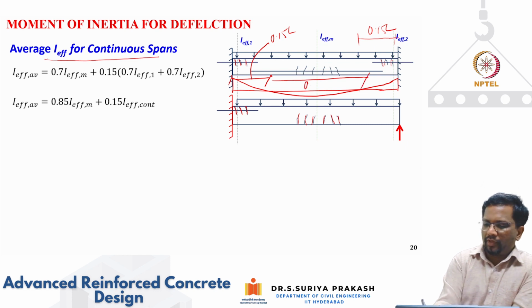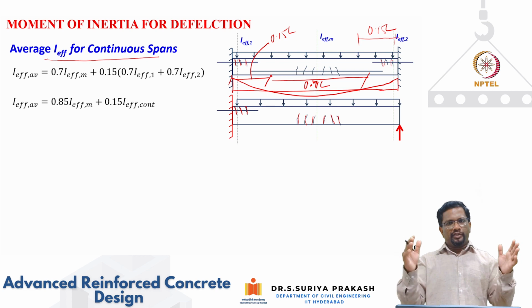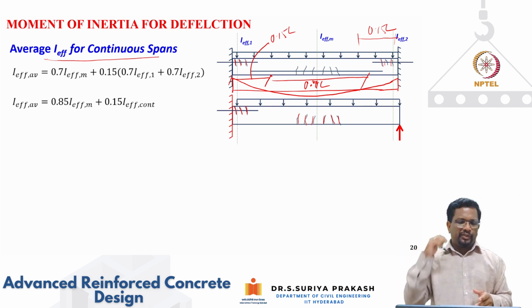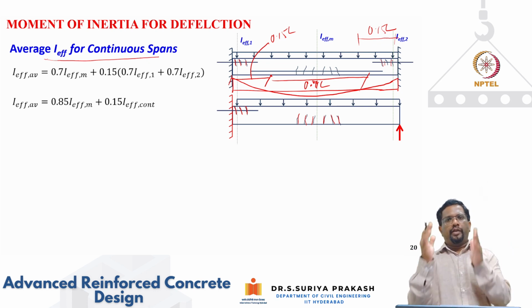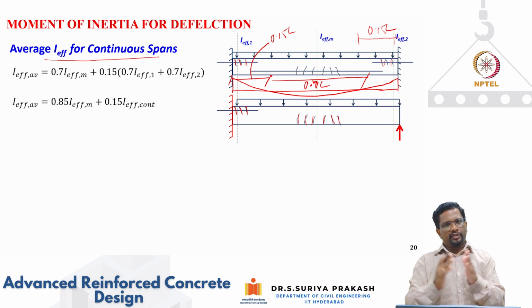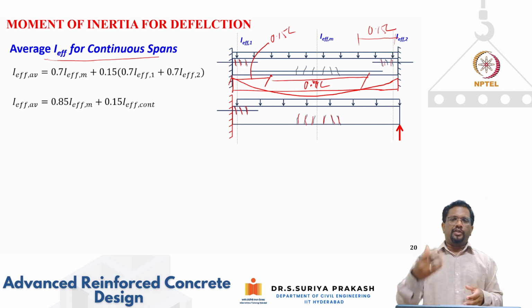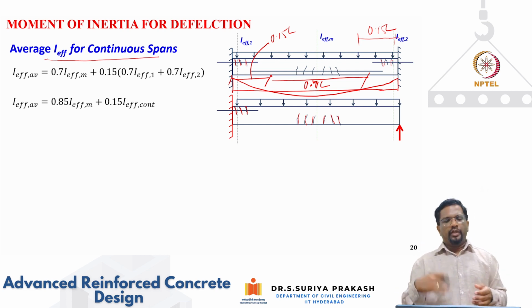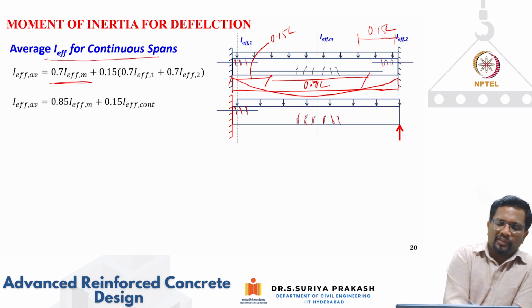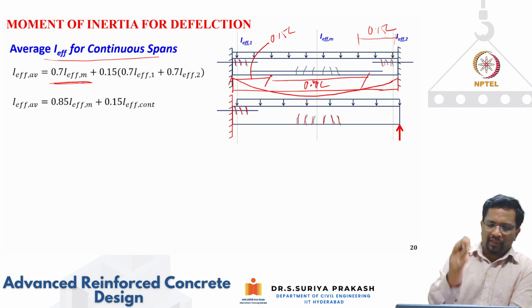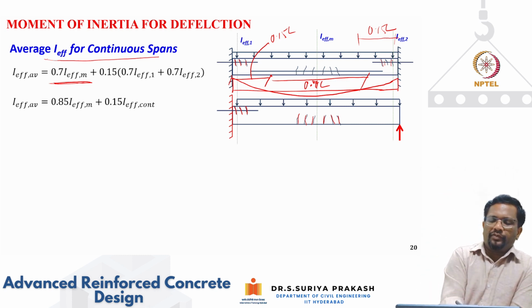It is going to be 0.7 L. So that is the reason the code is saying that for the moment distribution of a fixed beam, you are going to have negative moment for 15% of the span length on the left and right, and the middle 70% of the span will be subjected to sagging moment, or a positive moment that is going to induce tension on the bottom side. So the code is taking, okay, I am going to take 70% of the effective moment of inertia that I get for that section at midspan, and 15 percent of what I get for I effective.